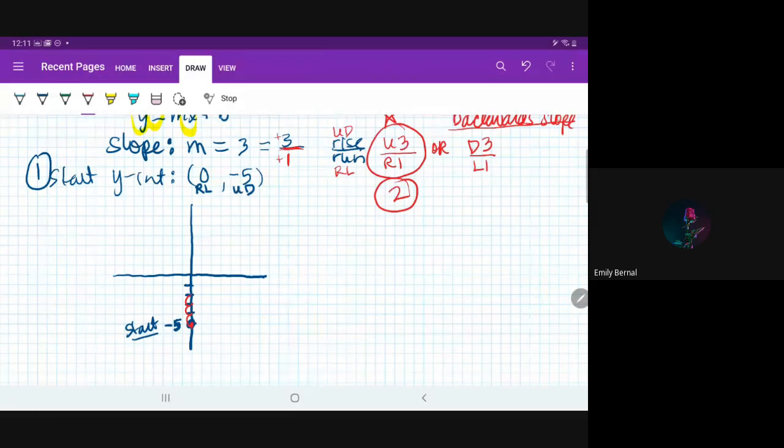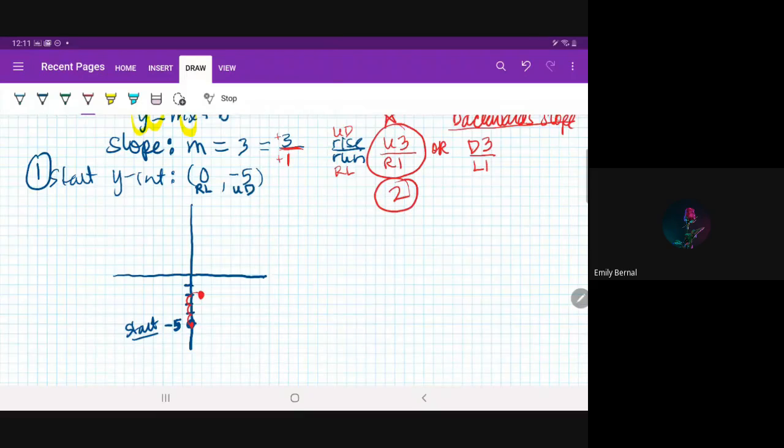Right 1. So from here, I went 1, 2, 3. Let me erase that and show you guys again. Okay. So I went 1, 2, 3 up, but that's not really a dot. So I probably shouldn't make a dot like that. So I should go 1, 2, 3 up, and then 1 to the right.